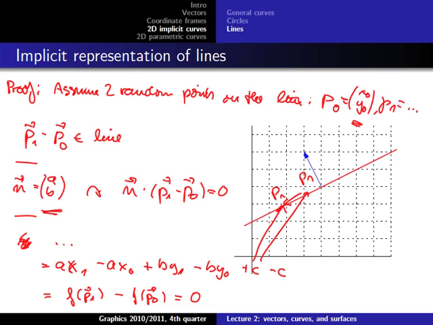And since p0 and p1 were random points on the line, and this was a random vector on the line, we have proven that n is orthogonal to each vector on the line, which means it is orthogonal to the line.